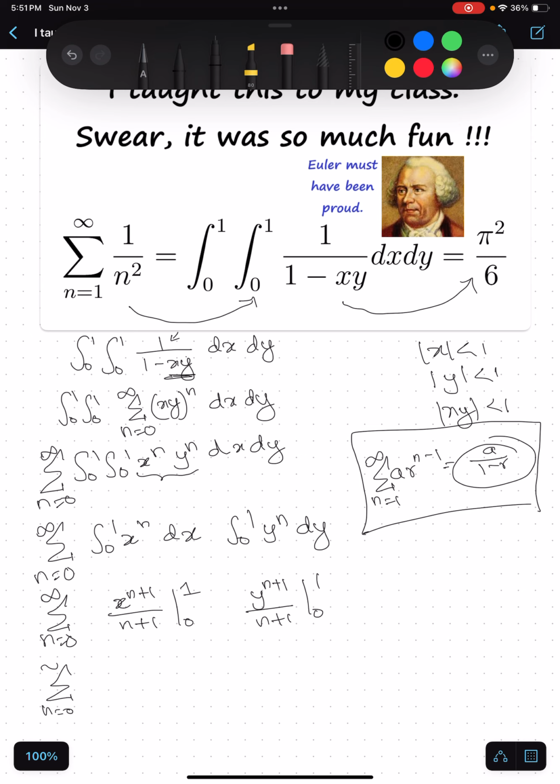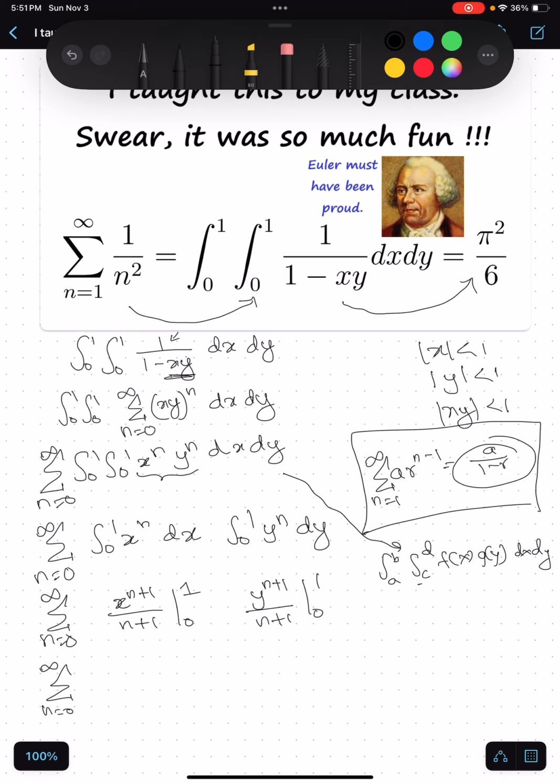Now if you are wondering why we can do this, it is actually pretty simple. Let's say this integral is from a to b, c to d, with f of x, g of y, and then dx dy. The inside integral is in terms of x, so I can take g of y out.